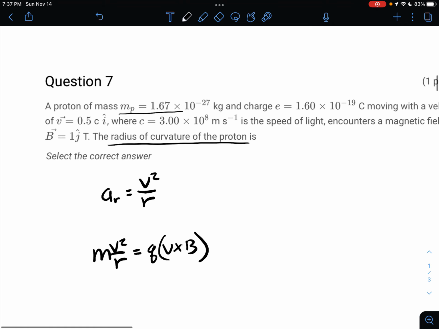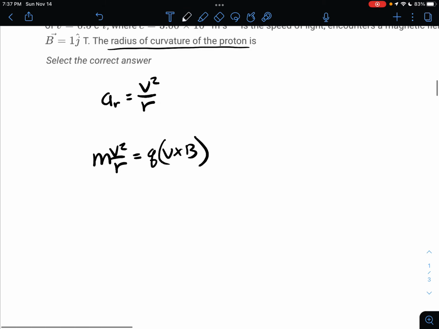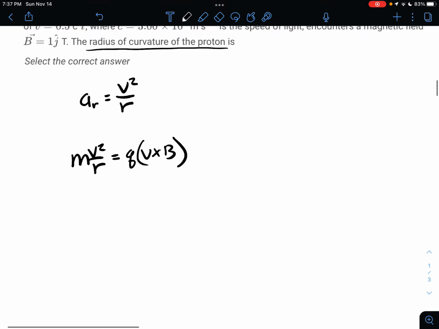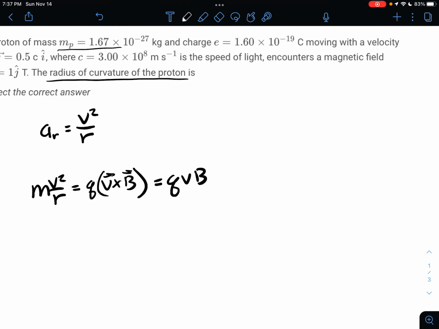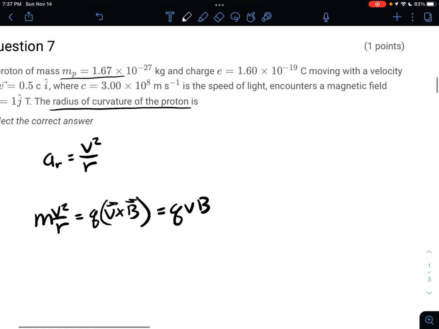So we're given our velocity in a direction, so we can do our cross product, or we can simplify this, because by definition our cross product is q times v, the magnitudes of each of these vectors, times the sine of the angle between them.